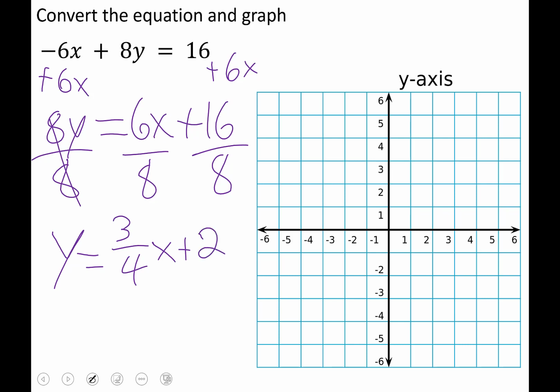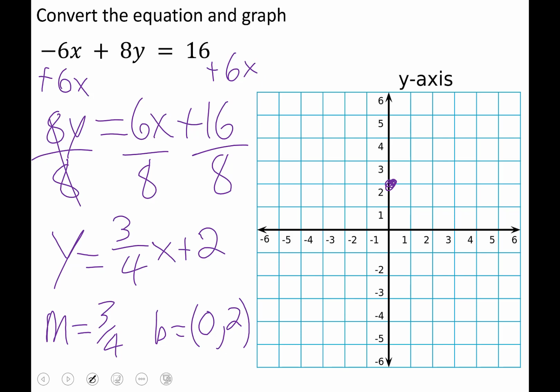So now I can graph this. I have a slope of 3/4 and a y-intercept of (0, 2). Okay, so begin by putting a point at 2.